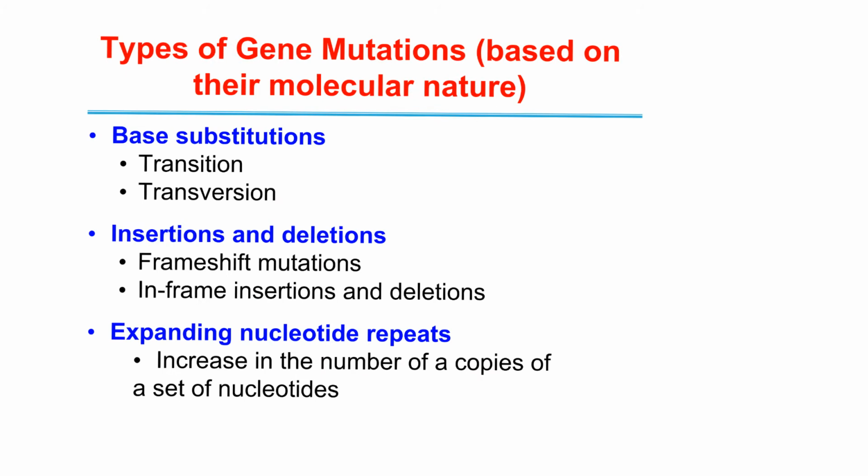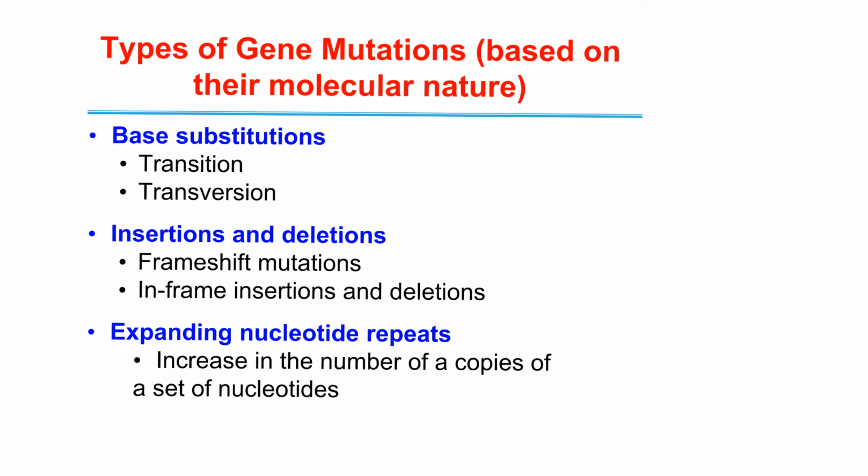There are several ways we can classify gene mutations. The classification can be based on the molecular nature of mutations, on the nature of the phenotypic effect of the mutation, based on the causative agent of mutation, and so on. So we will start to discuss types of mutation based on their molecular nature.